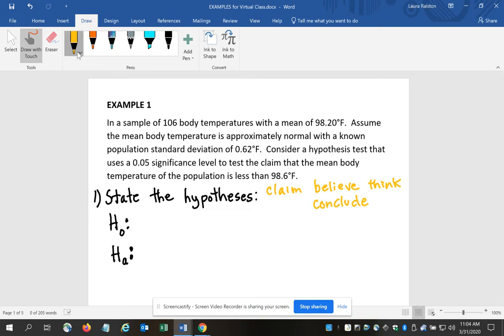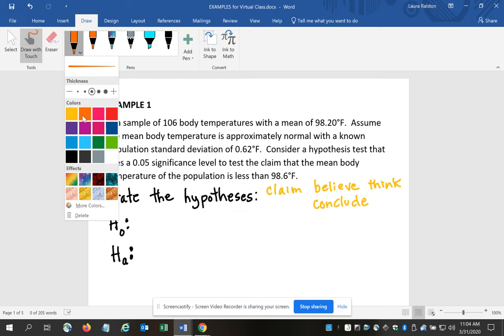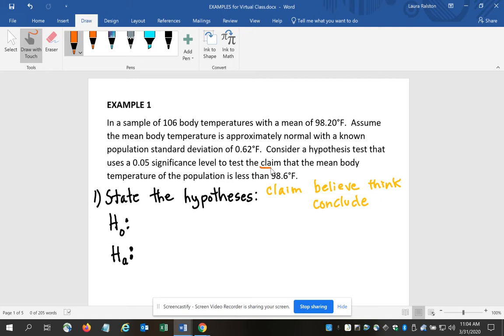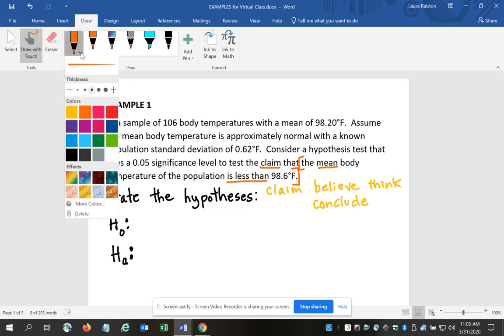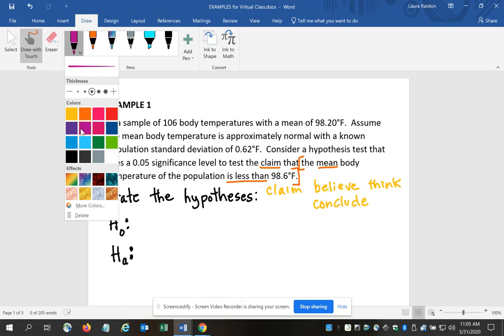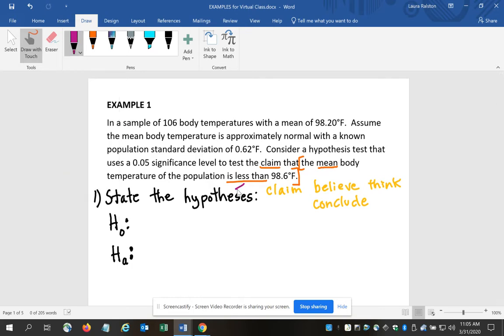So if I look at this particular problem, near the end in the last sentence it says, test the claim that the mean body temperature is less than 98.6 degrees Fahrenheit. First of all, it says mean, so we know that's our parameter. And then I see the phrase is less than, which I hope makes you think of the symbol less than, which does not contain an equal.